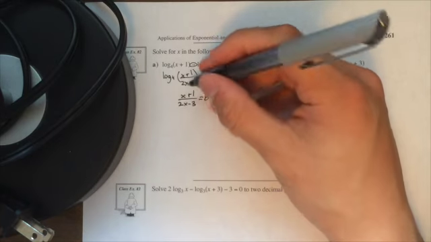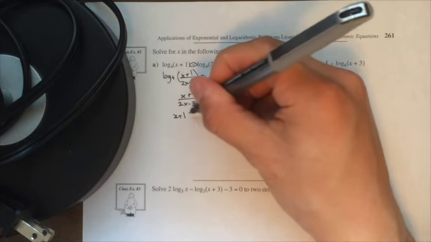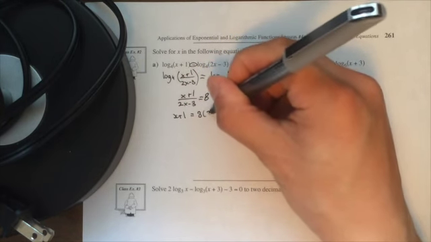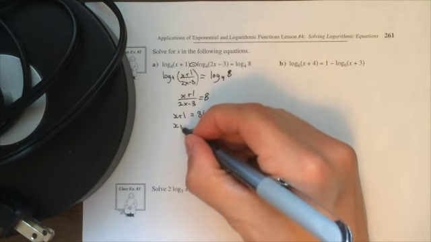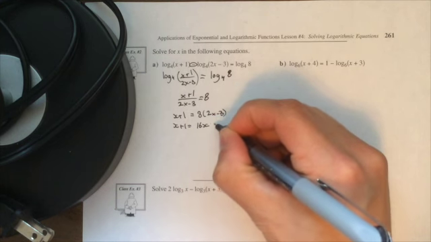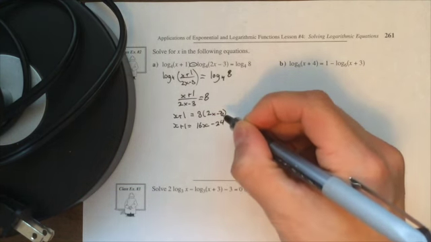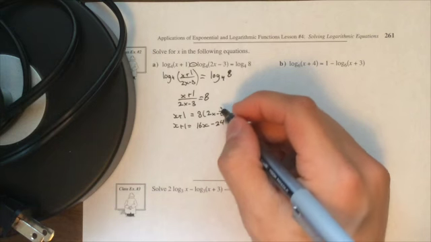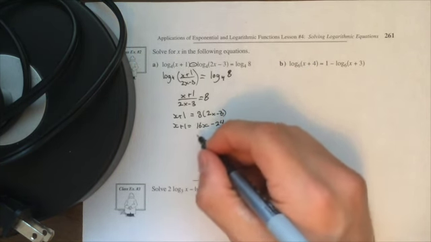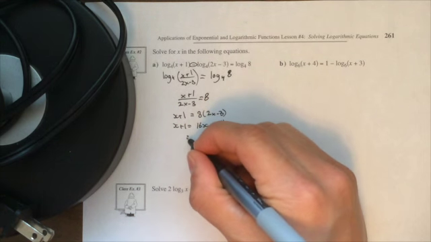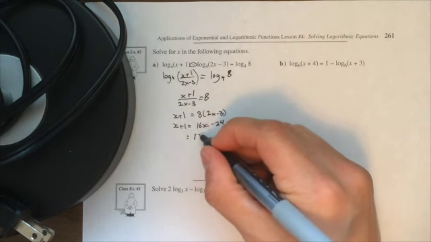Now if I solve this, I'll be left with x plus 1 is equal to 8 times 2x minus 3, if I get this off from the bottom, and we'll have x plus 1 is equal to 16x minus 24. I'll bring x to this side, so I'll subtract x from both sides, and I'll be left with 15x.